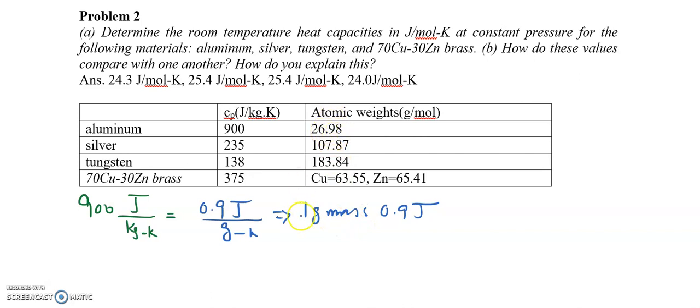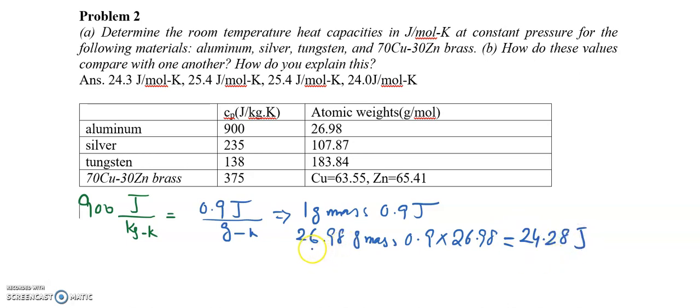So for 26.98 gram mass, the energy will be 0.9 times 26.98, which is equal to 24.28 joule. Since 26.98 gram of aluminium is 1 mole, its unit will be 24.28 joule per mole Kelvin.